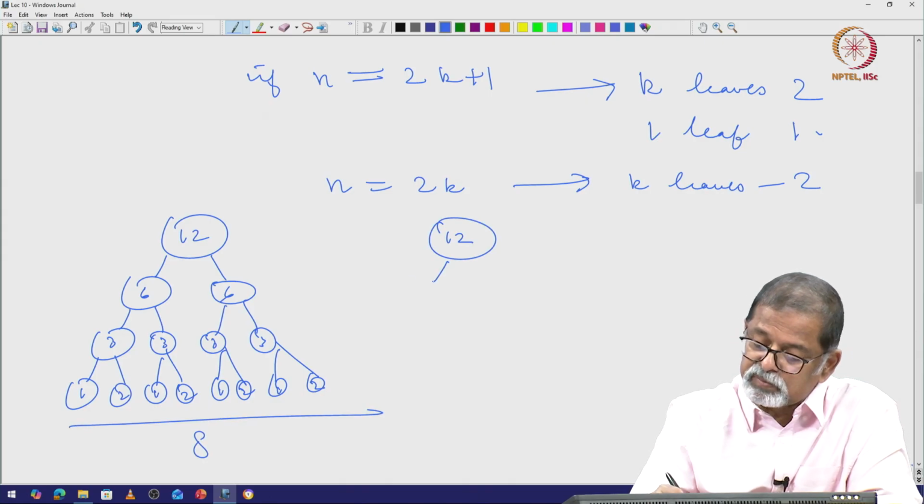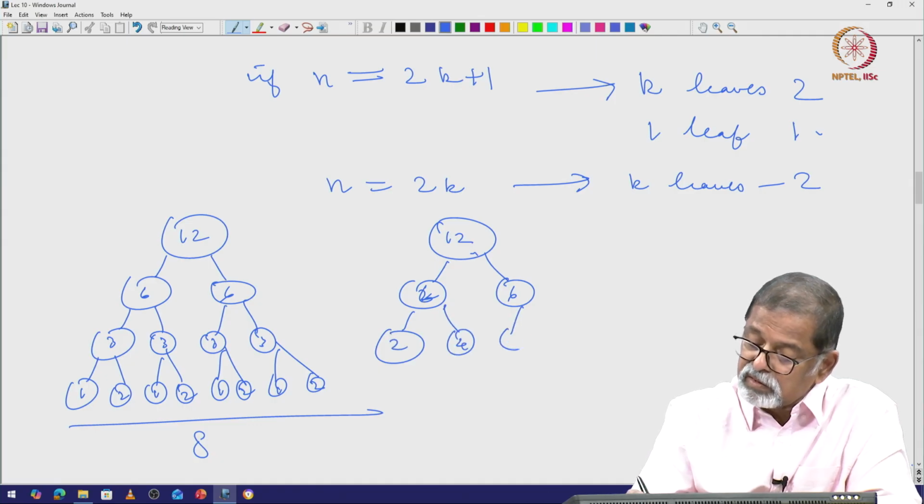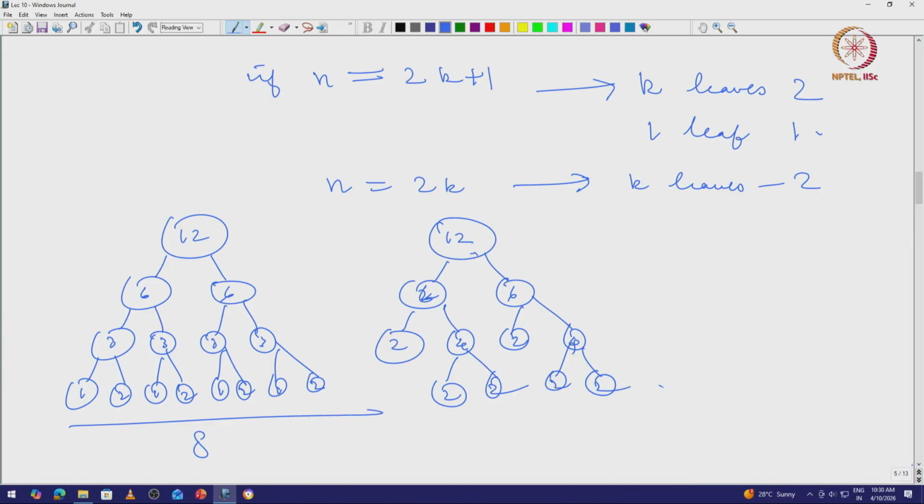But now 12 will be split into 6 and 6, but 6 will be split into 2 and 4, 2 and 4, and 4 will be split into 2 and 2, so this will have only 6 leaves. This will have 8 leaves. Our new strategy will have a smaller number of leaves. That is the reason why there is a complexity reduction. The complexity reduction is because of this.